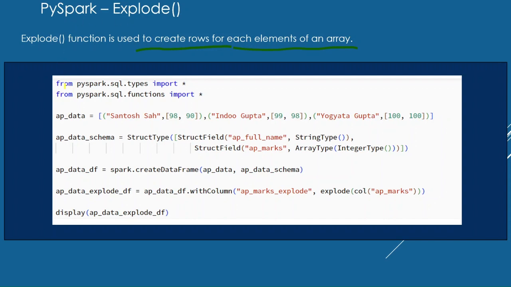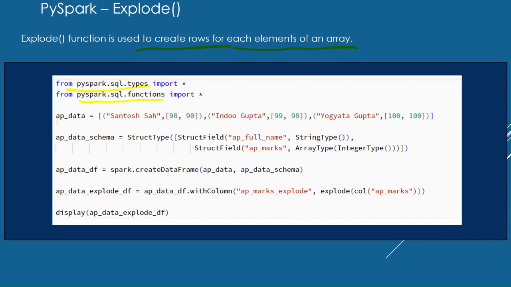In this exercise, first we are importing all the functions which are present in pyspark.sql.types. We can also import specific functions, but to make it easier, I am importing all the functions. I am also importing all the functions which are present in pyspark.sql.functions.